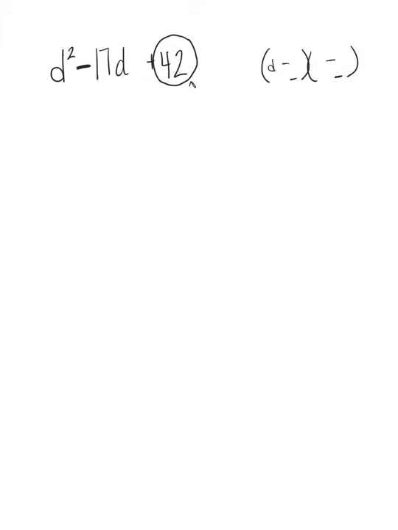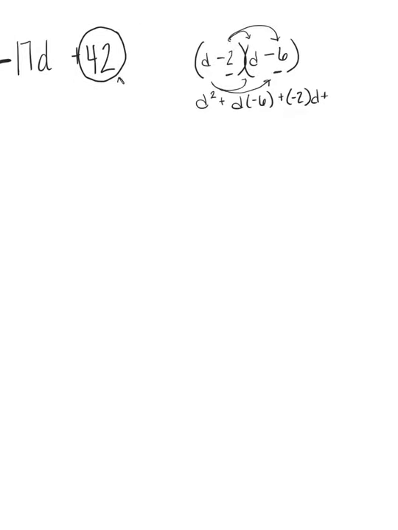So in other words, d minus 2 and d minus 6 is going to give me d squared, first order, plus d times negative 6, plus my inner negative 2d, plus negative 2 times negative 6.